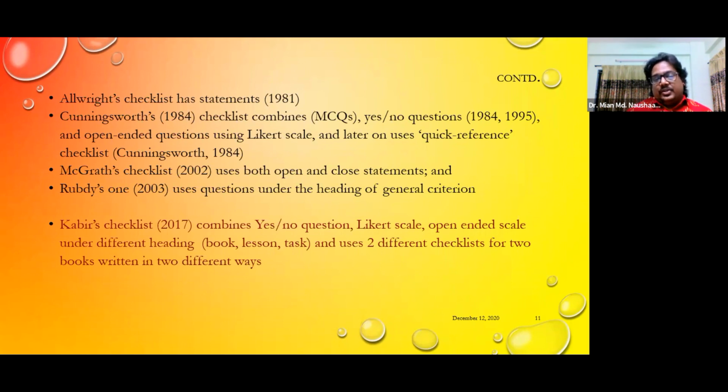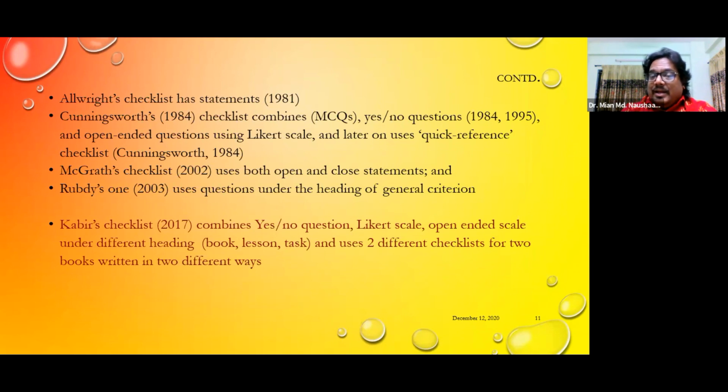So Cunningsworth offered us two checklists, one in 1984 and another one 11 years later in 1995. In the first checklist, he combines multiple choice questions, yes/no questions, very short open-ended questions using a Likert scale, and later on a quick reference checklist.